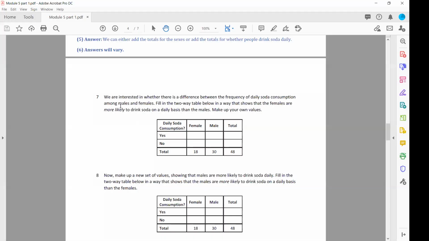Question 7 says, fill in the two-way table below in a way that shows that the females are more likely to drink soda on a daily basis. How do we fill out this table?